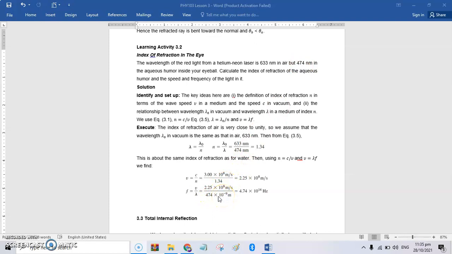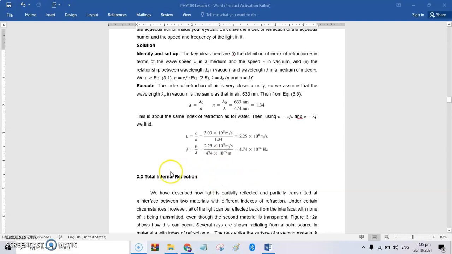Nano is times 10 to the minus 9. So 474 times 10 to the minus 9 meters. Cancel the meter and we'll be having 1 over second, and 1 over second is equivalent to hertz. So by inputting these values, we can get a frequency of 4.74 times 10 to the 14 hertz.